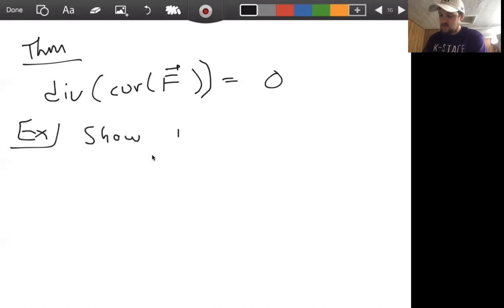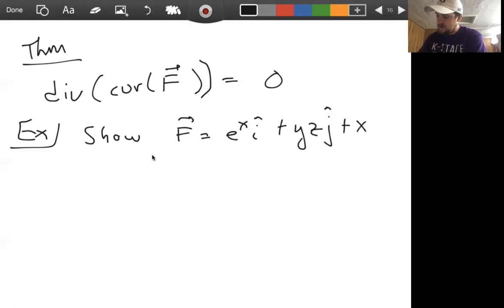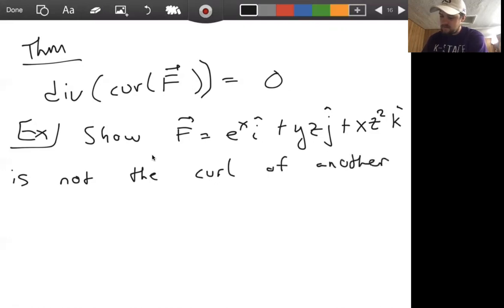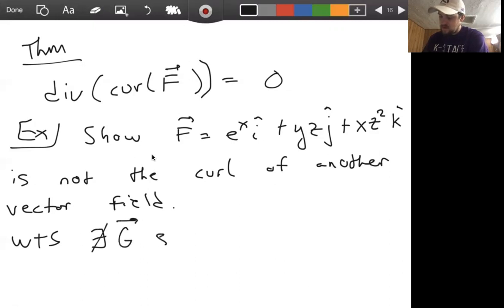Let's show that F equals e to the x i hat plus yz j hat plus xz squared k hat is not the curl of another vector field, i.e., we want to show that there does not exist some vector field G such that the curl of G is equal to F.